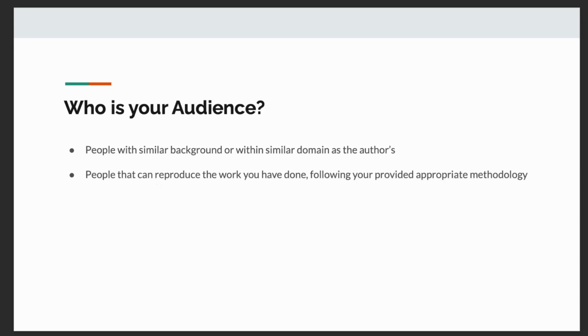So who should your audience be? Your audience should be people with similar background as you, or people who are in the domain that you have applied deep learning to. And they should be the people who can reproduce your work, provided you provide appropriate details in your methodology.